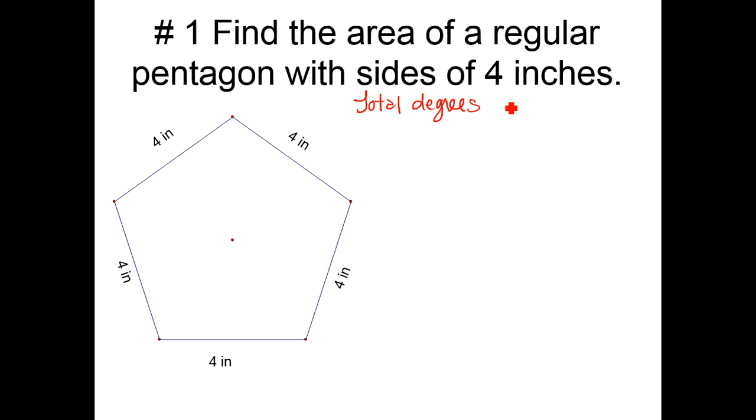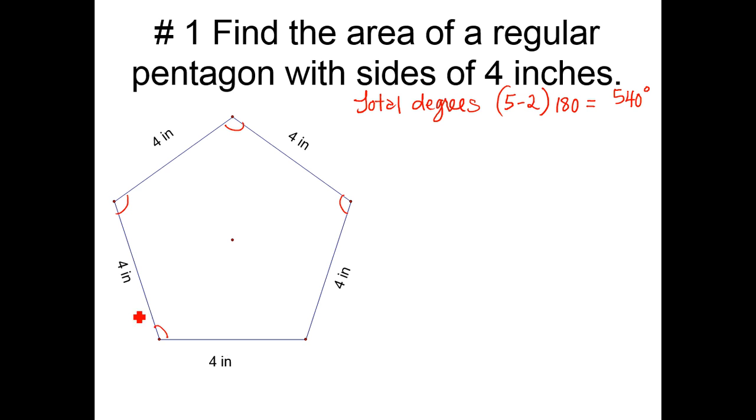Remember, I could make 3 triangles. It was 5 minus 2 times 180, and that would give us 540 total degrees inside the polygon. Now, how do I find this angle and this angle and this angle? Well, if all the sides are congruent, doesn't that mean that all the angles are congruent as well?